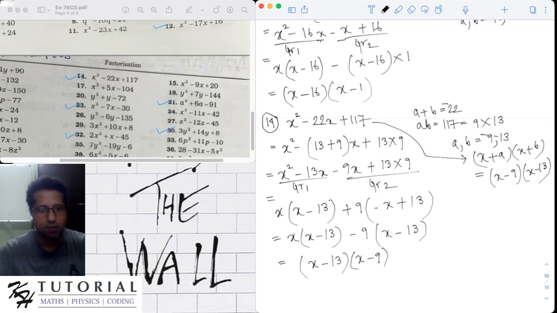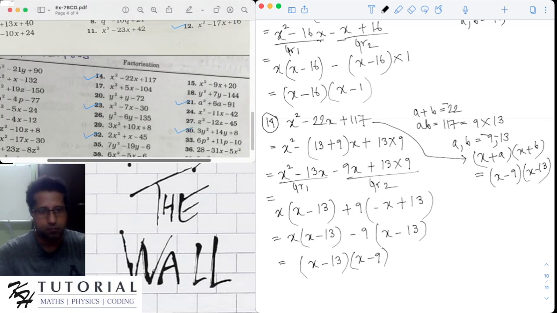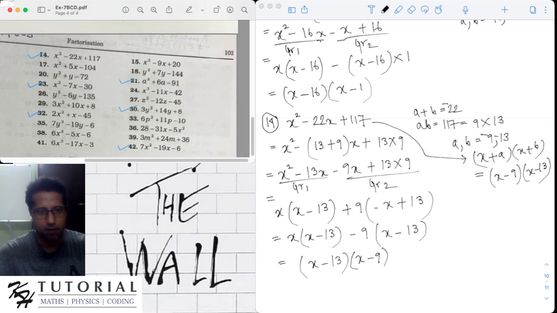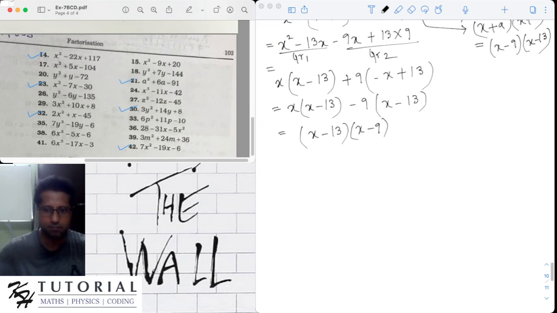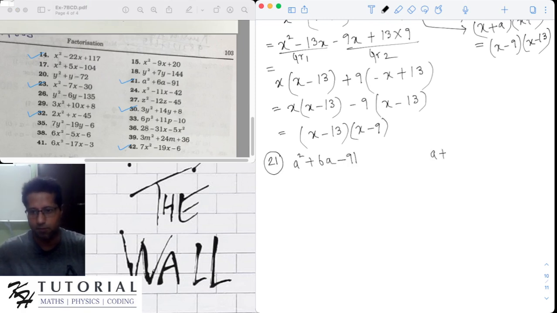Okay, let's do problem number 21. It is a square plus 6a minus 91. So I must have a plus b equals 6 and ab equals minus 91. Now, minus 91 will divide with 7.